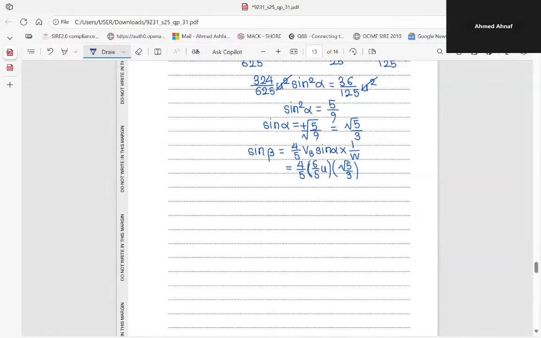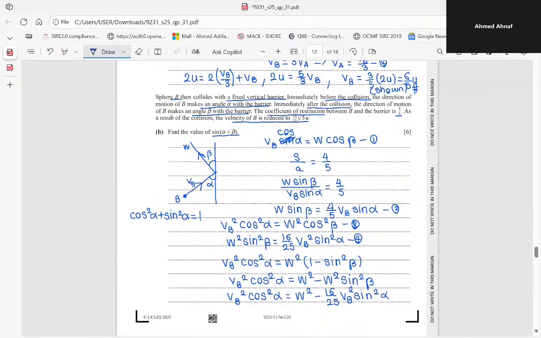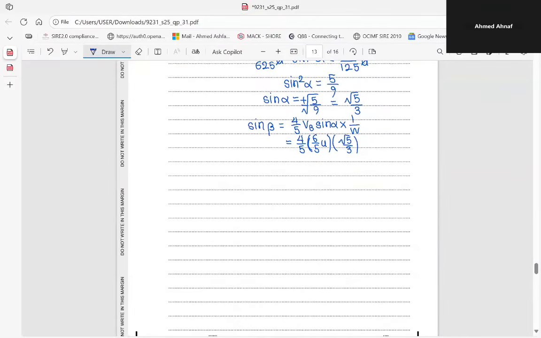And then 1 over u, that is 25 over 12 √5. Okay, so just type all this into your calculator, excluding the u.